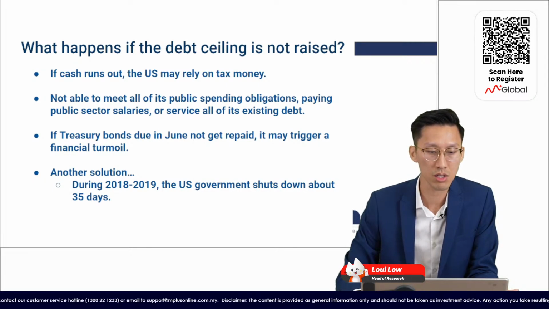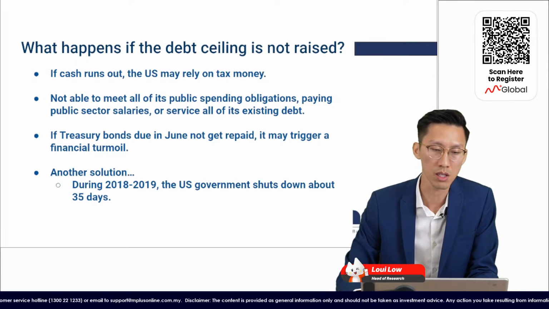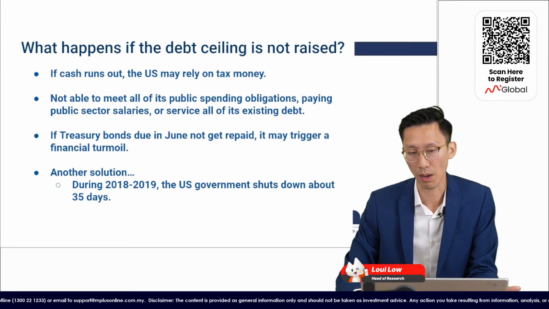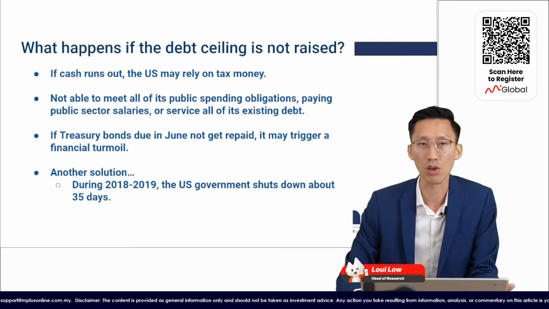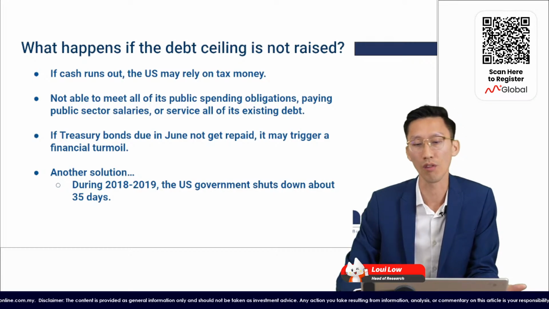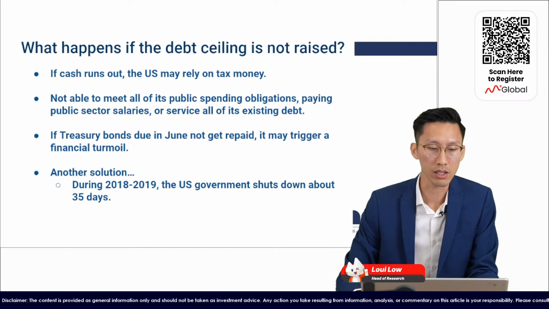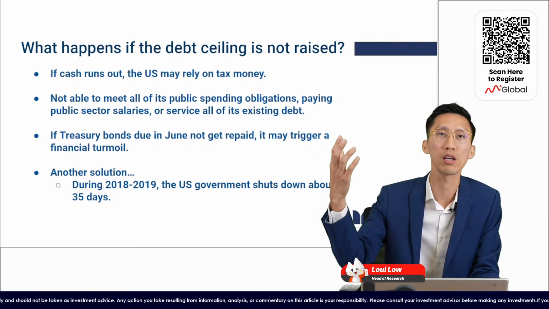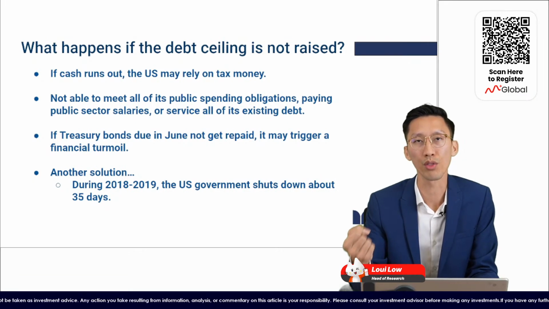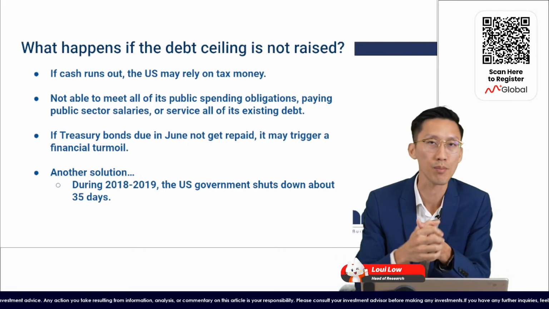If cash runs out, the US may rely on tax money and not be able to meet all the public spending obligations, such as paying the public sector salaries or services, or servicing all of its existing debt. So I think that could be very, very detrimental to the economic activities. Like I say, there are too many things that they need to cover, and a lot of people are holding their debt as well, like China, Japan.